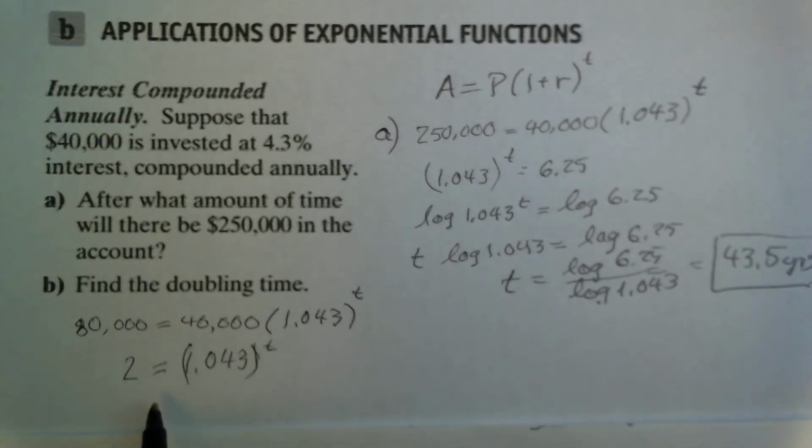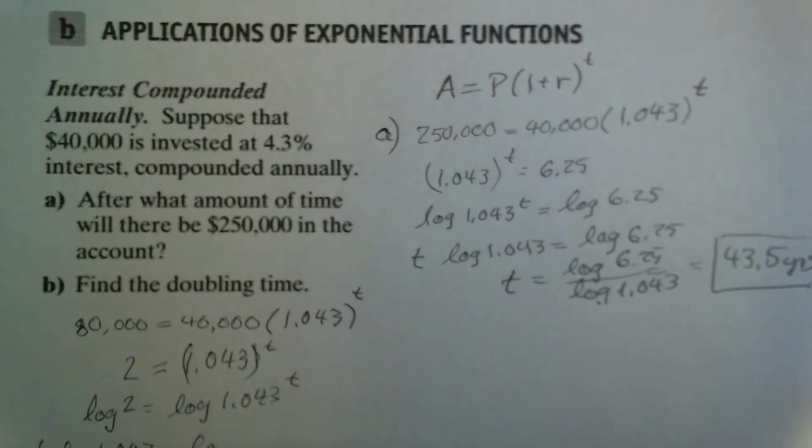Now we take the log on both sides. The log of 2 equals the log of 1.043 to the t power, which is equal to t times the log of 1.043.